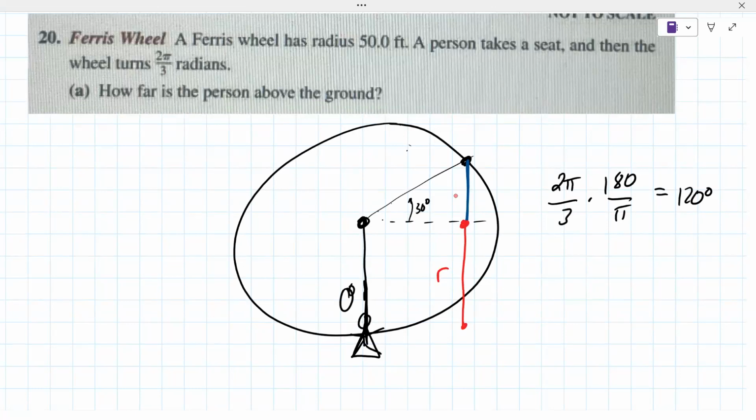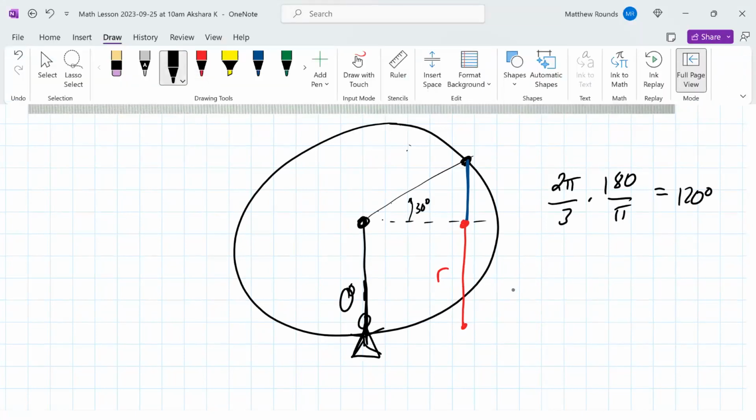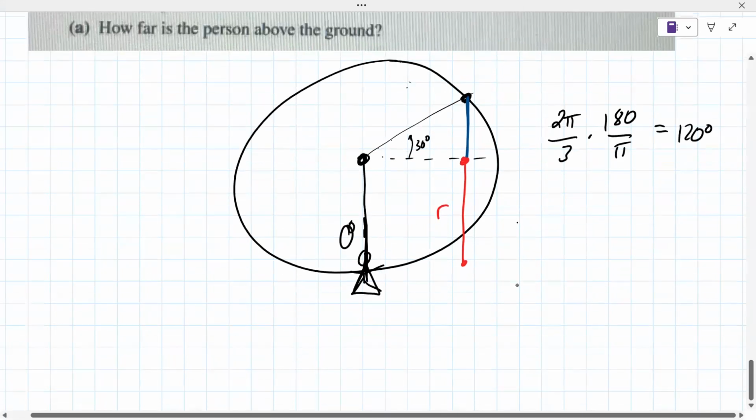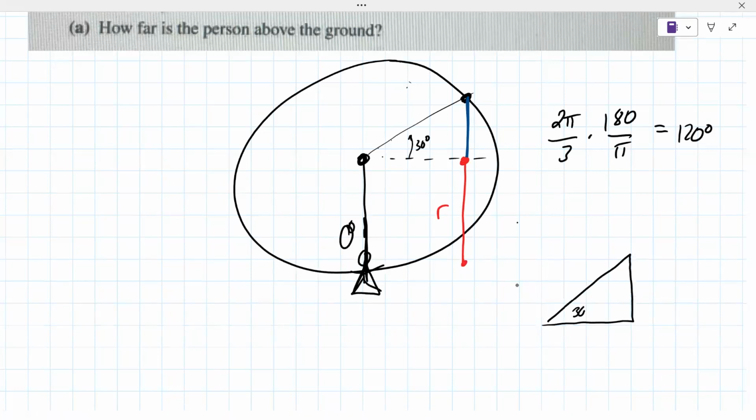So we would do SOHCAHTOA. It does help to know the unit circle, but if you're not there yet, what you need is 30 degrees.